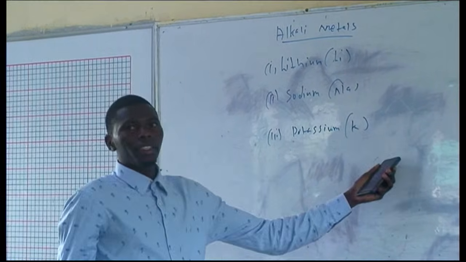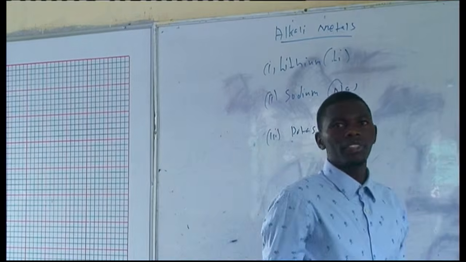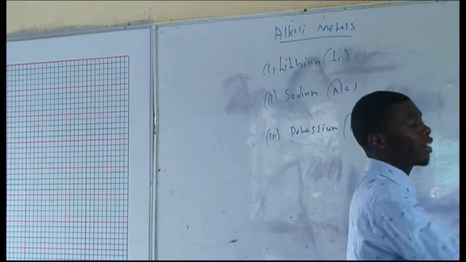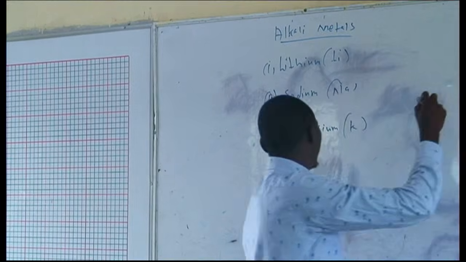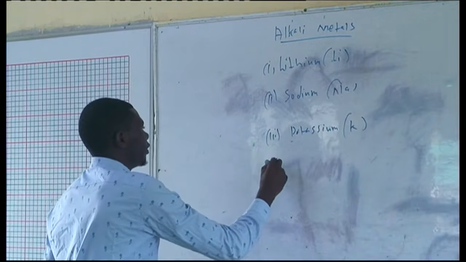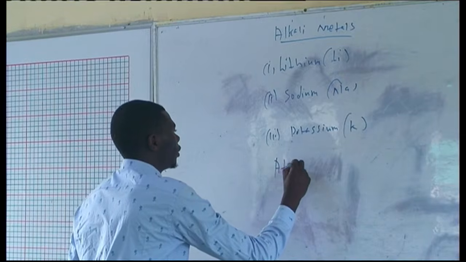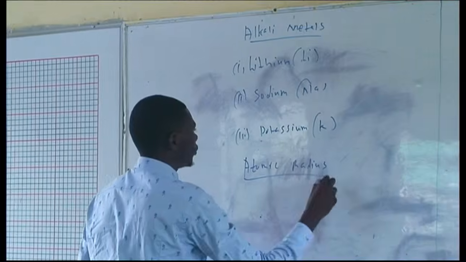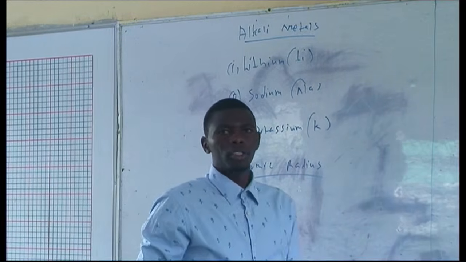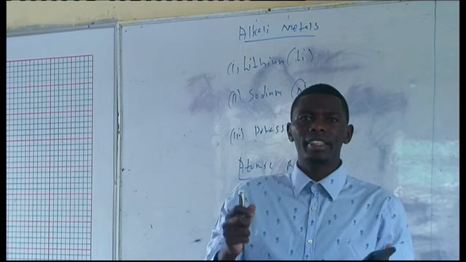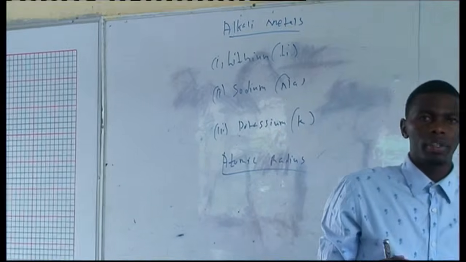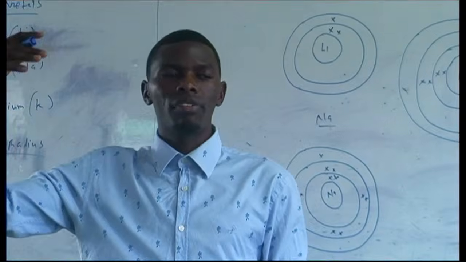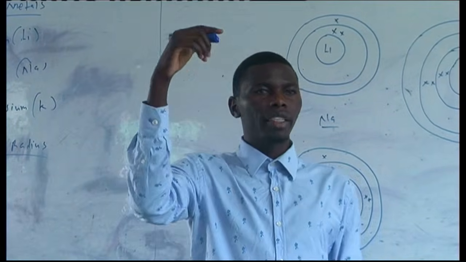We want to see the atomic radius of these elements down the group. Atomic radius is the distance between the nucleus of an atom and the outermost energy level occupied by an electron.